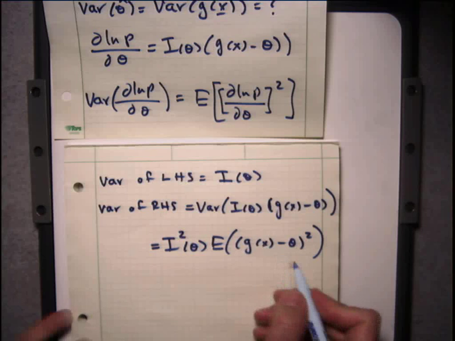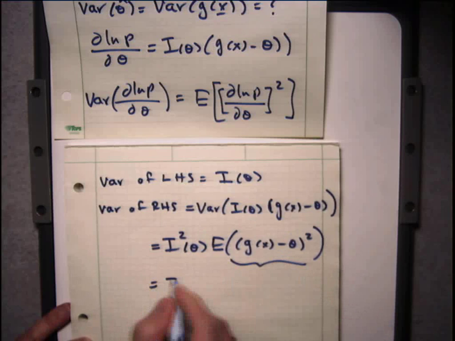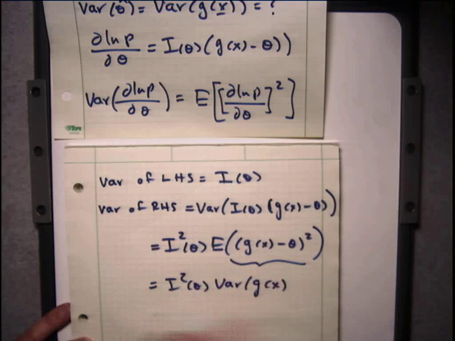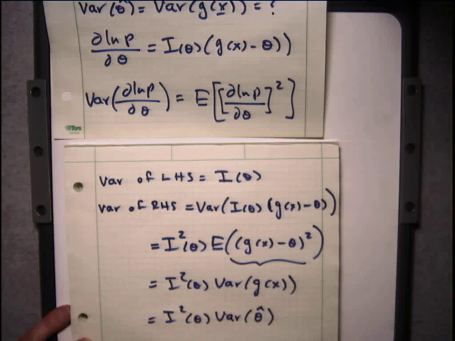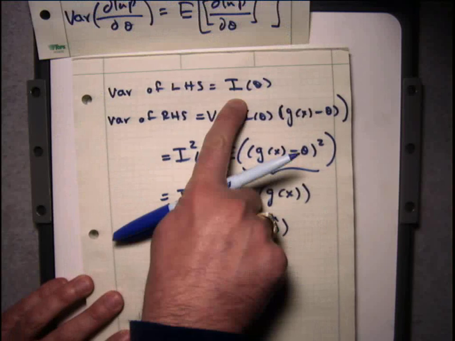Okay? And what is this? This is simply I squared theta times the variance of g of x. And another way to write this is I squared theta times the variance of theta hat. Right? Okay, so this is the variance of the right-hand side. This is the variance of the left-hand side.